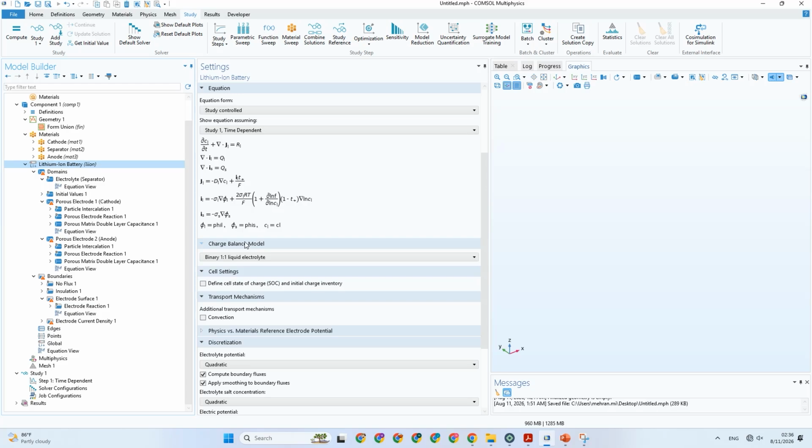We have il and is. It means we have a liquid, s is solid, it is for cathode, anode, and il is for separator or electrolyte.